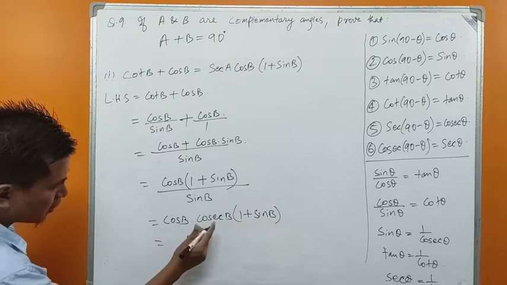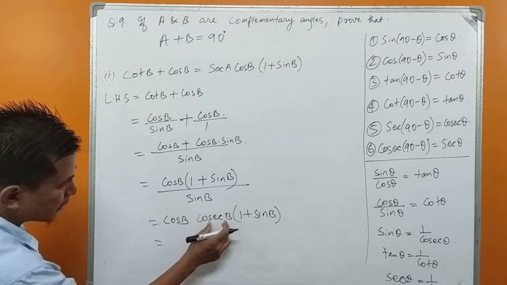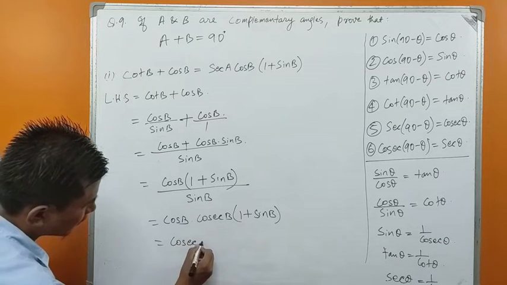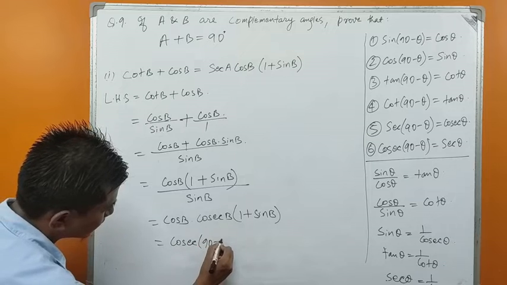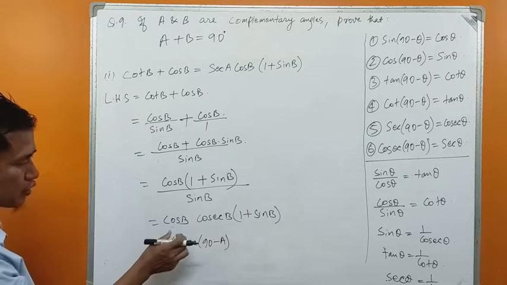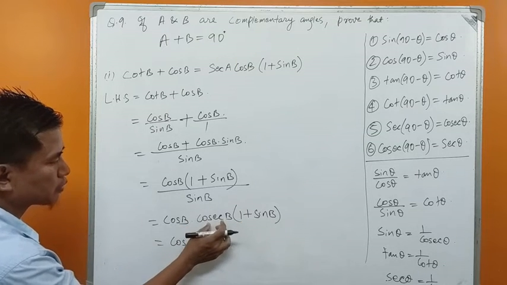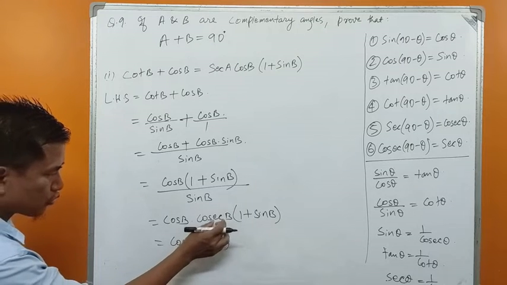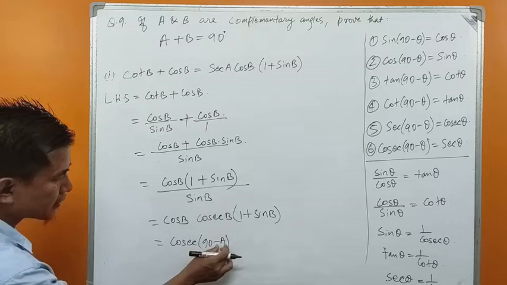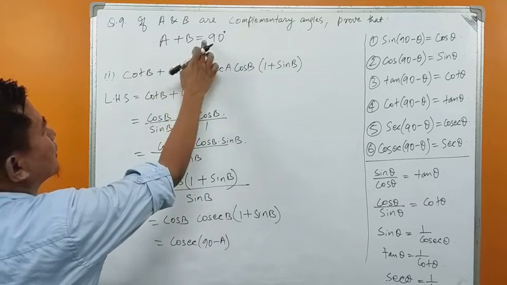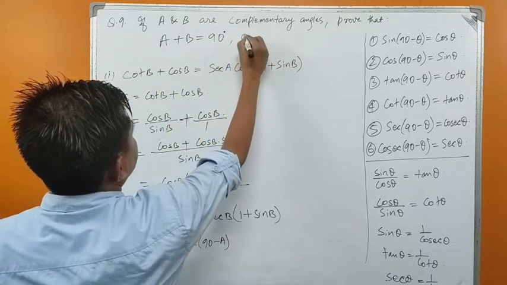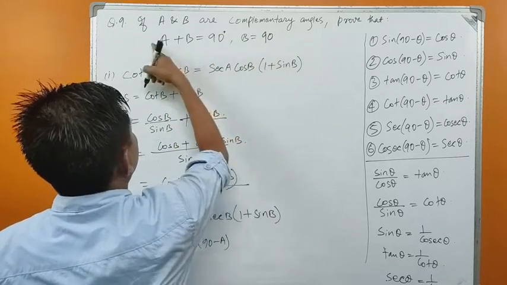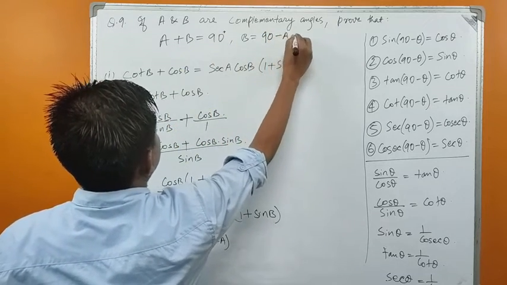Now this cosec b can be written as cosec(90 minus a), isn't it? Because we need this cos b and 1 plus sin b, but we do not need this cosec b, so we must change this. So cosec b means cosec(90 minus a), because b means 90 minus a. This 90 is already in the right hand side, this plus a goes to the right hand side and becomes minus a.